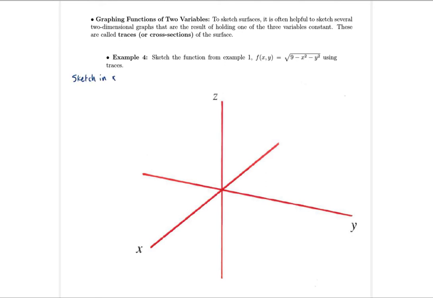We're going to sketch in the xy plane. And what do we know about the xy plane? In the xy plane, z equals 0. So we have 0 equals the square root of 9 minus x squared minus y squared. We, of course, can square both sides. That's no big deal.